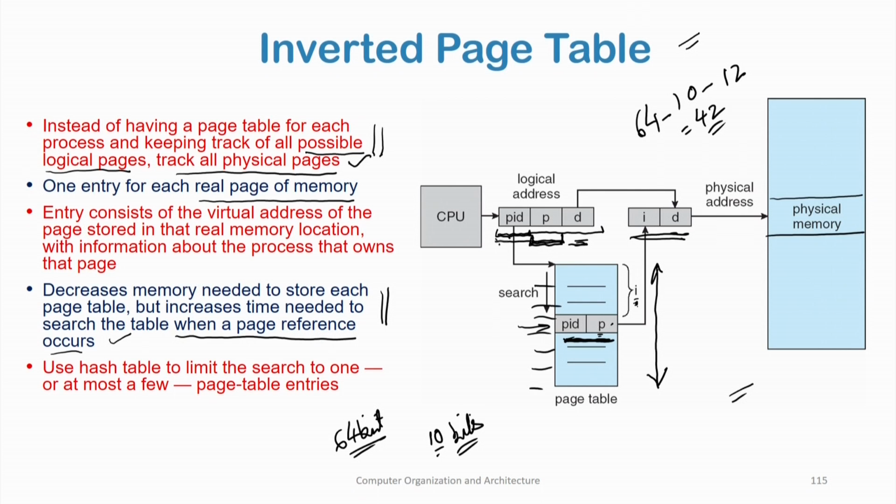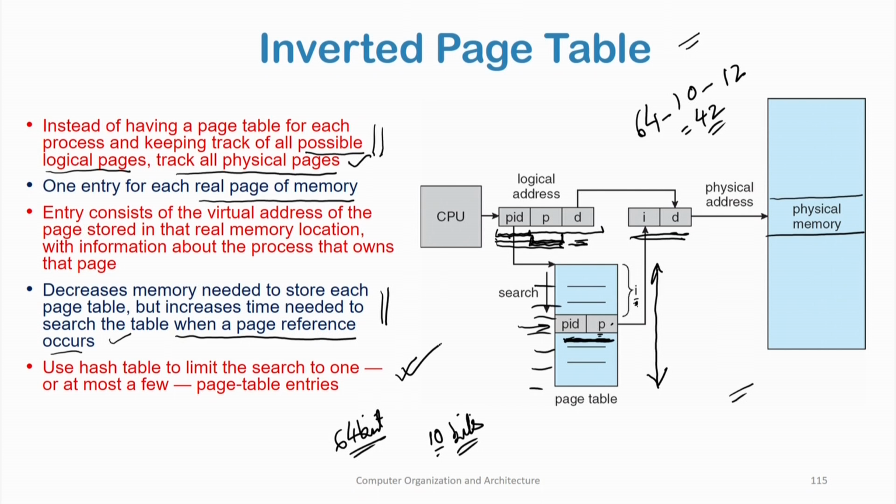So, using this as the hash function, I will hash into a particular place from where I will get the page frame and get into the physical memory. By using a hash function, I can limit the search to one or at most a few page table entries.